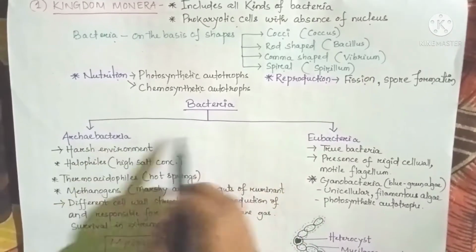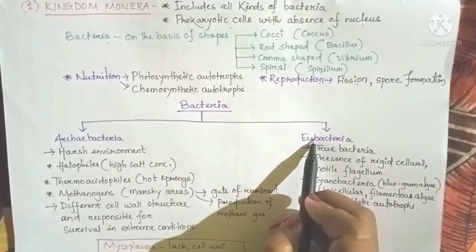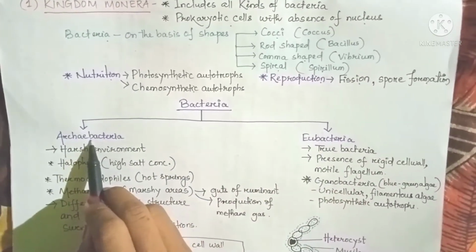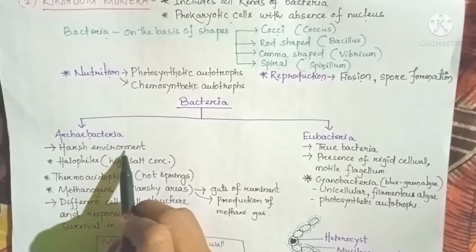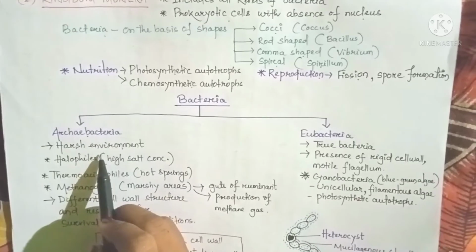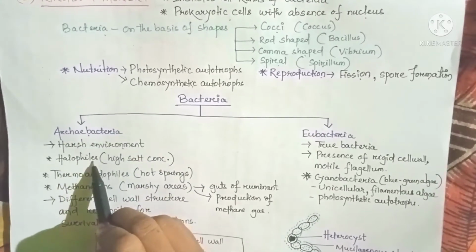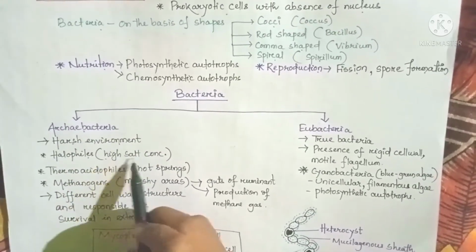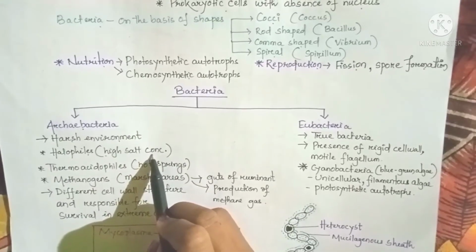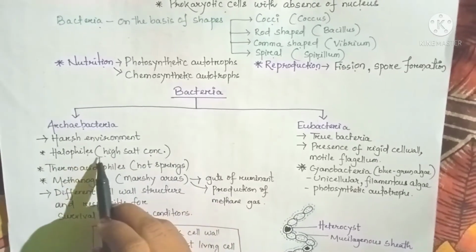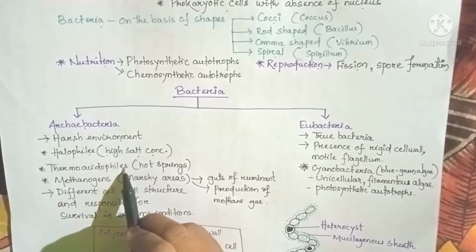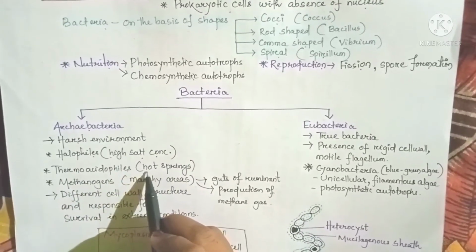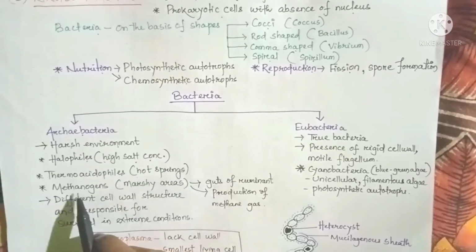Bacteria are grouped into archaebacteria and eubacteria. Archaebacteria are very resistant to harsh or extreme environments. Halophiles are resistant to high salt concentration areas. They are inhabitants of high salt concentration. Thermoacidophiles are inhabitants of hot springs.